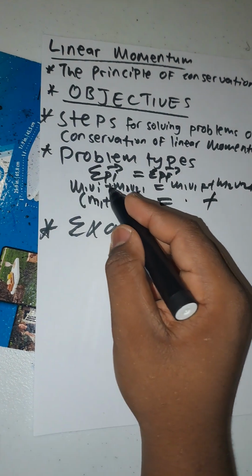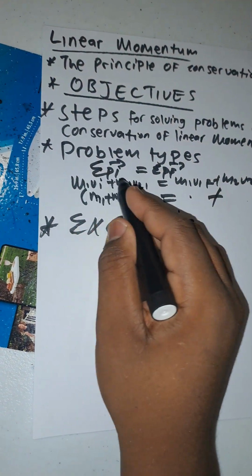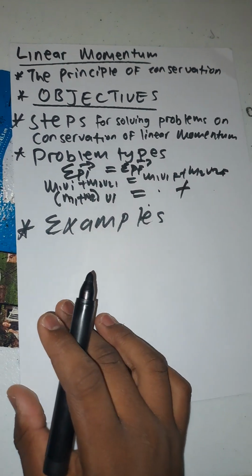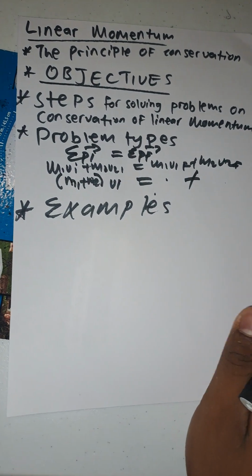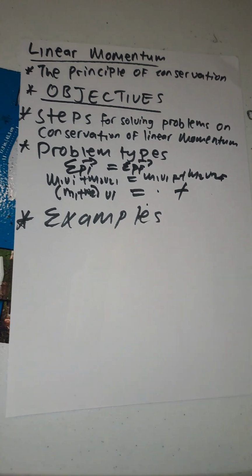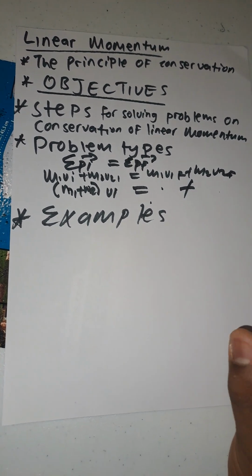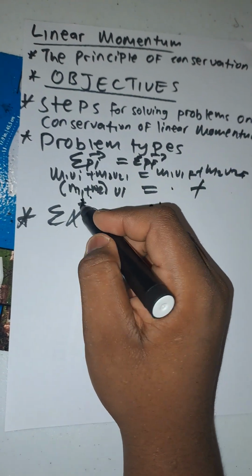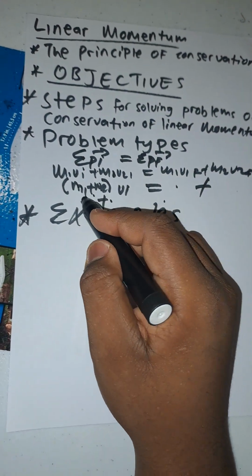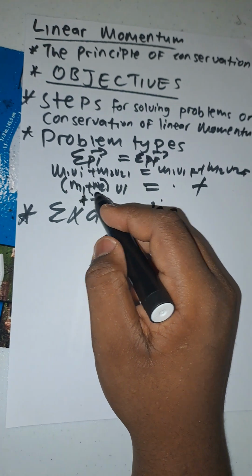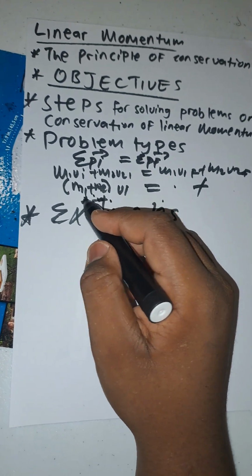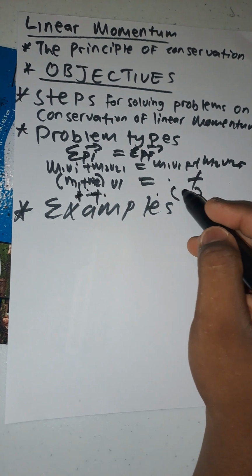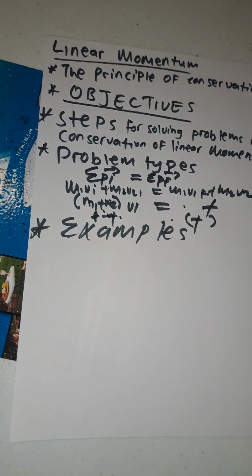Or maybe initially they are separated, but afterwards they combine, like when a person climbs onto a moving skateboard. Before, it was the boy and the skateboard, and the masses were not added together, but finally the boy landed on the skateboard, and then we add the masses. I'm going to be doing some examples.